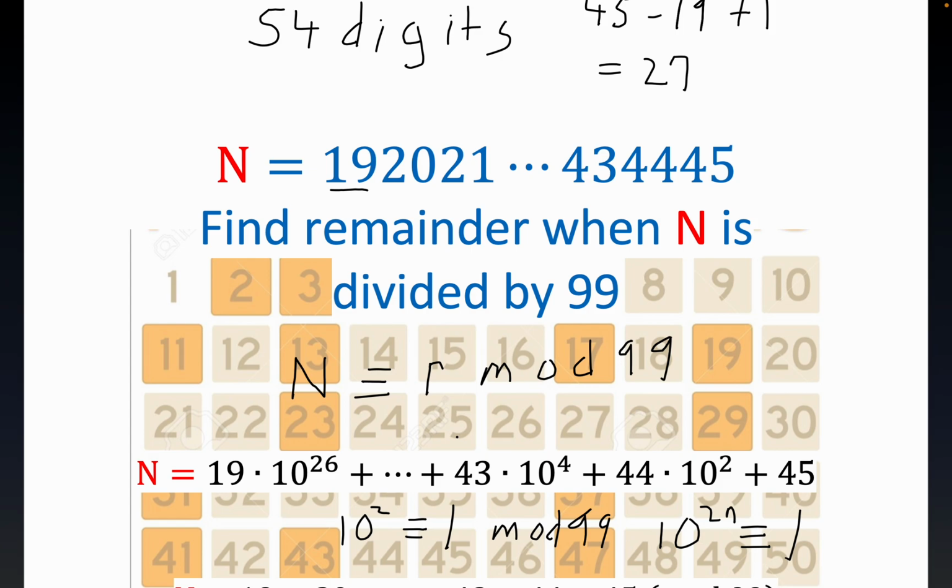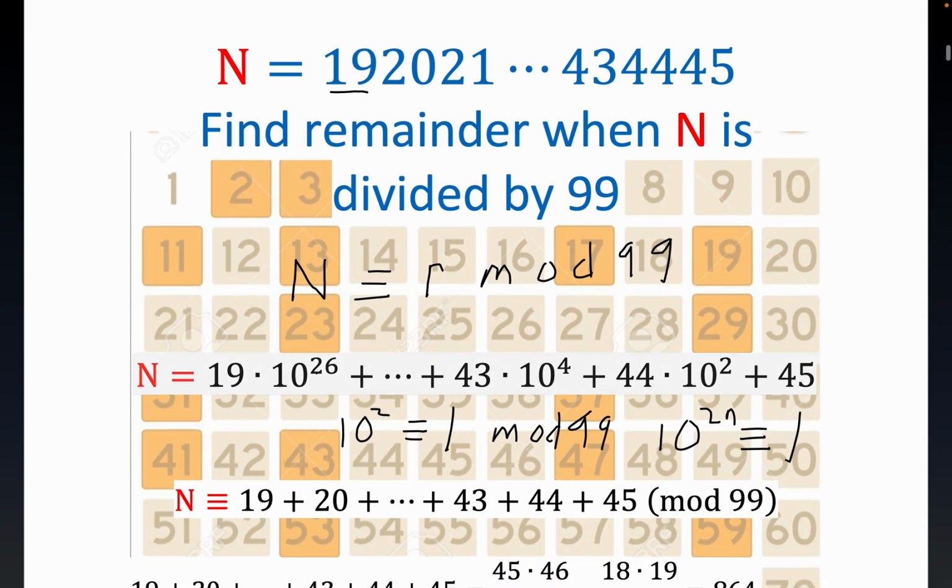Now that's super useful because all of these exponents are in the form 2 times n. This is 2 times 13. This is 2 times 2, right? Also, I left out some stuff, but what happens here is all of the powers of 10 raised to an even power just turn to 1. That's why this literally goes away.